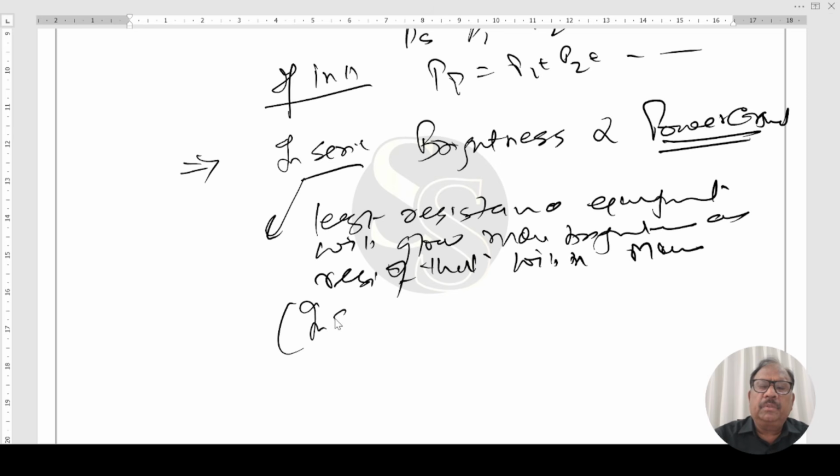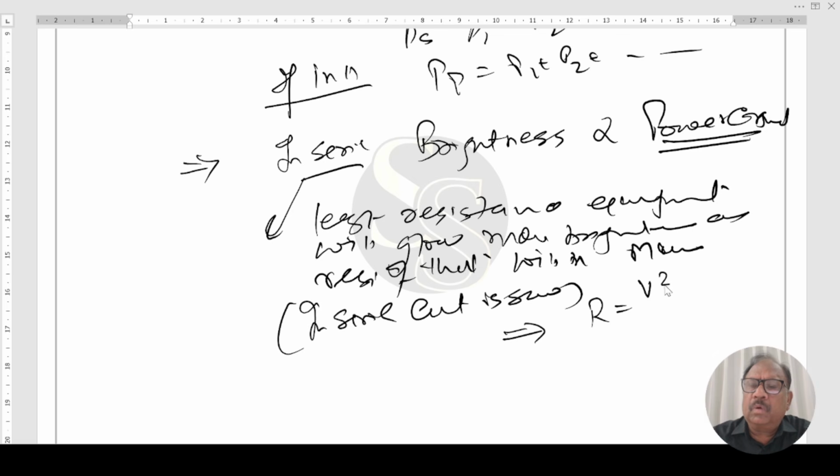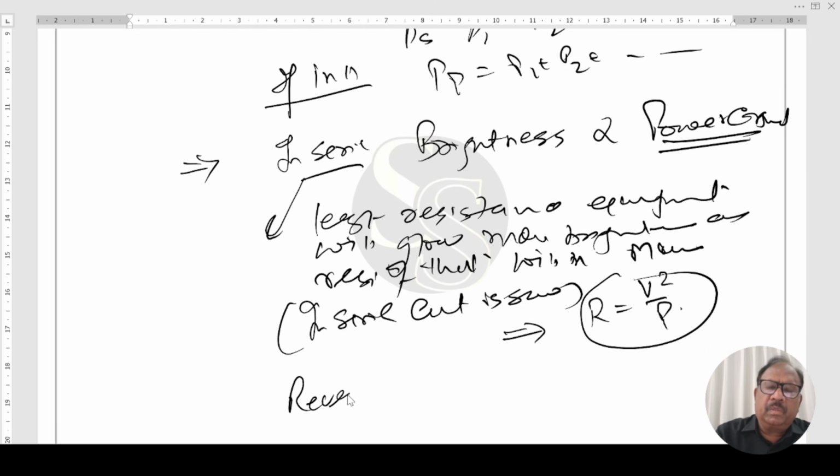In series, current is same, and resistance is equal to V square by P. The one with more power has less resistance, and reverse is in the parallel case.